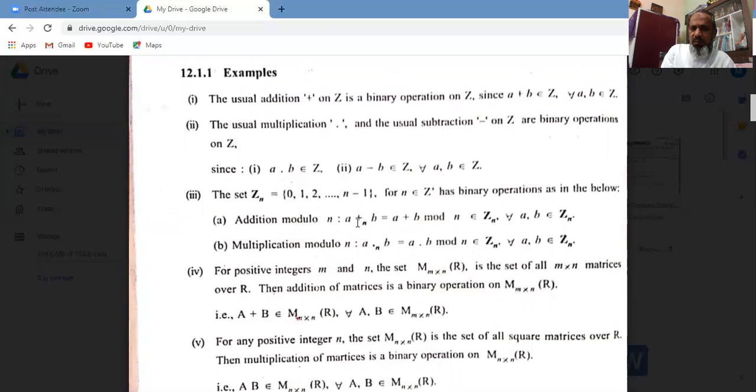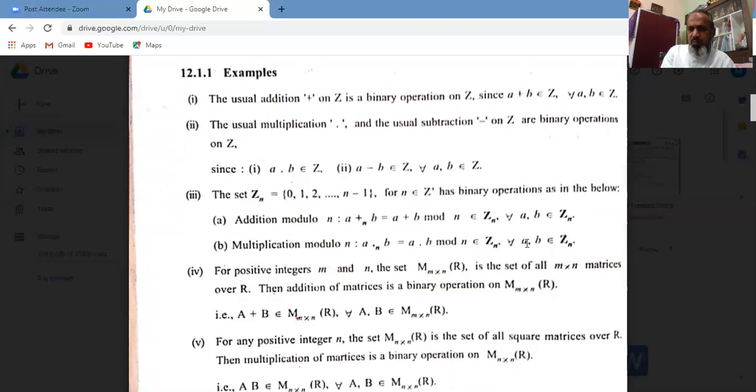So addition modulo n of two elements a and b is denoted by a plus n b, a plus b modulo n. We read it as a plus b modulo n, and it belongs to Zn. If we take any two elements in Zn, then the sum of two integers divided by n gives the remainder which belongs to the set Zn. So the addition modulo is a binary operation.